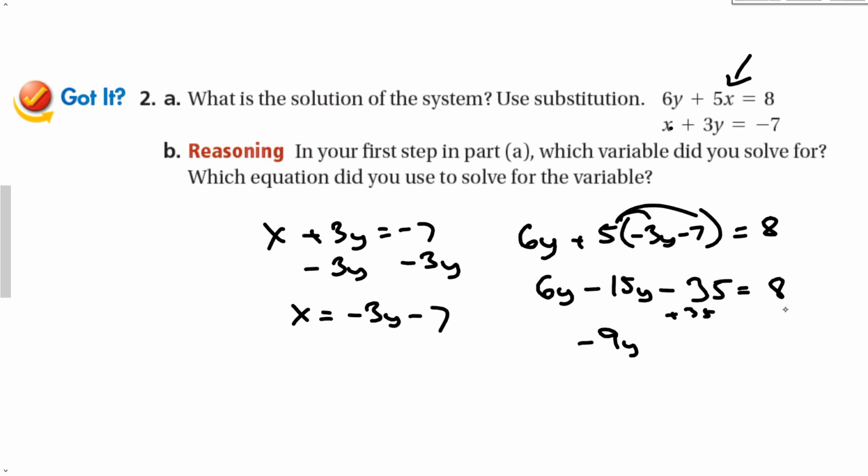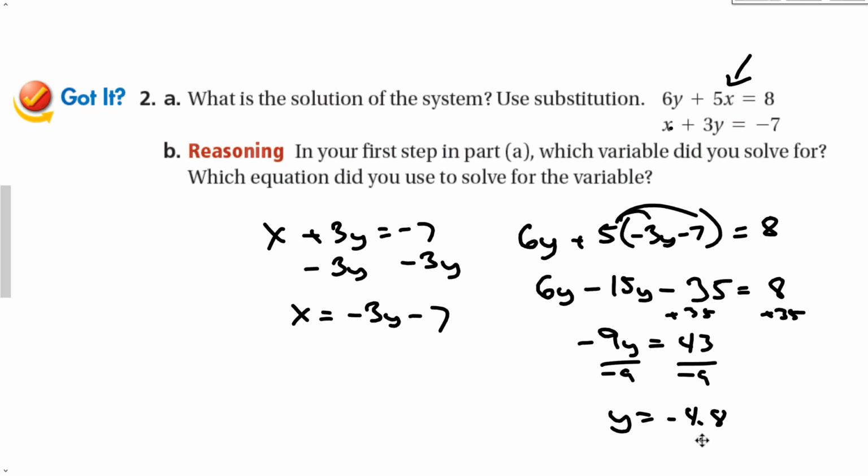Add 35 to both sides, and we get 9y is equal to 43. Divide out the negative 9, and we get that y is equal to negative 4.8. We'll round up. Okay.